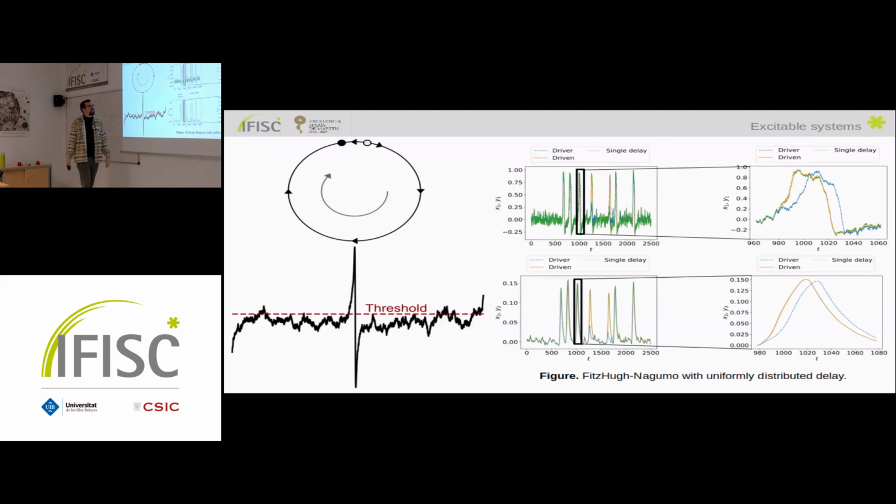And as you can see here, both for the single delay and for the uniformly distributed delay, we got some synchronization, some anticipated synchronization. And in this case, the results are pretty similar between the single delay and the driven. Indeed, it's even hard to see that there are two different trajectories there.